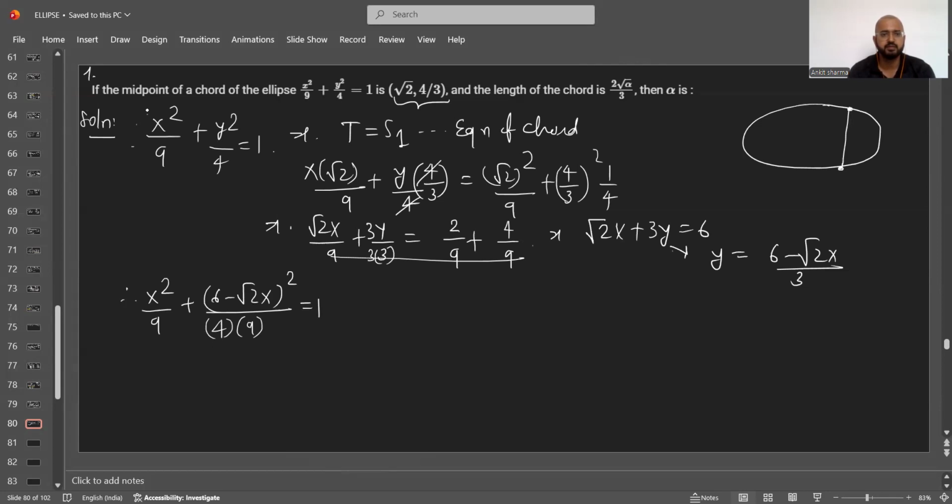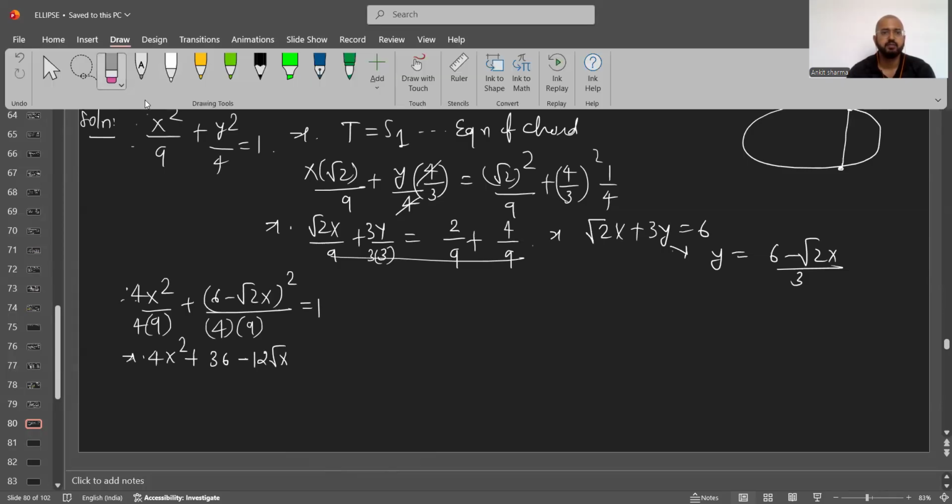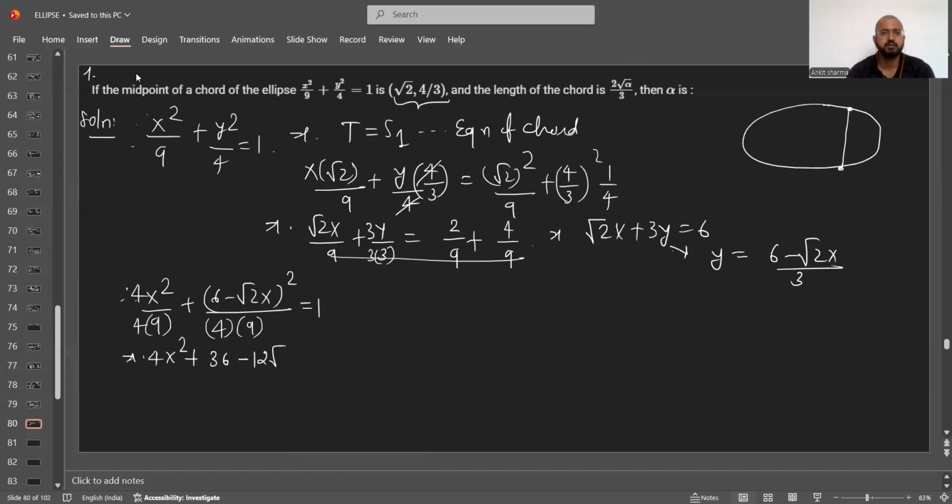So we can multiply by 36: 4x square plus 36 minus 12 root 2x plus 2x square is equal to 4 into 9, which is again 36. So this 36 and this 36 are gone.